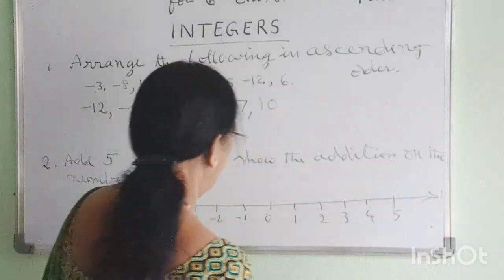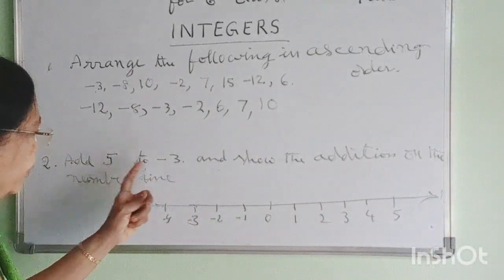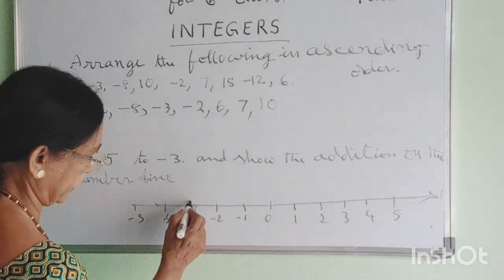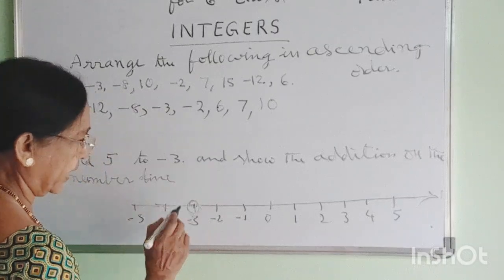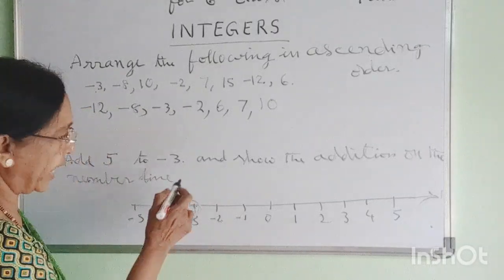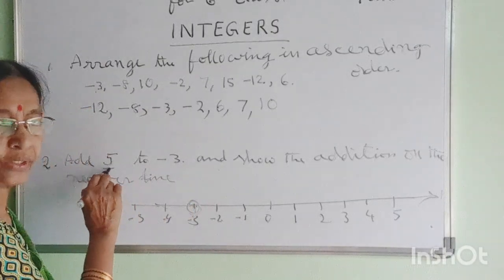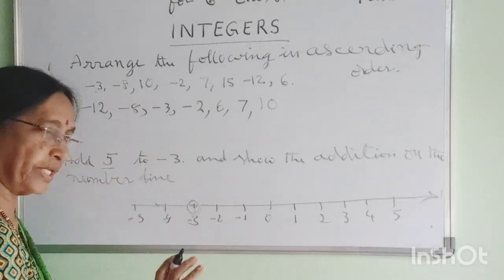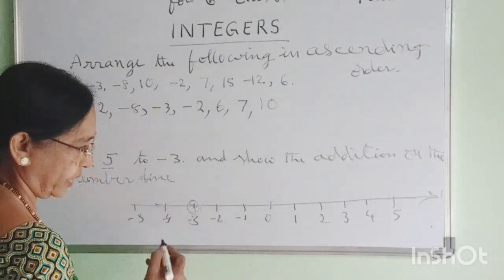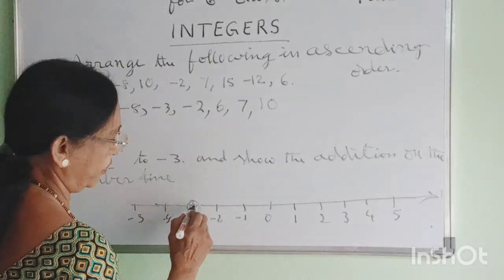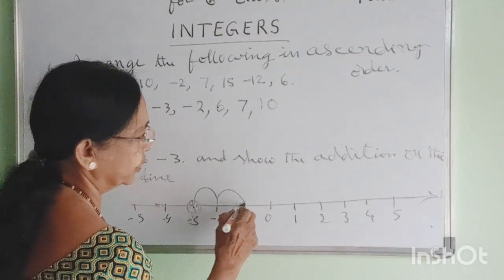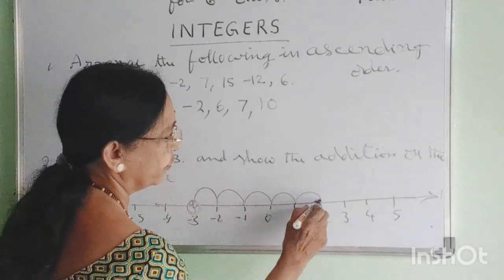So add 5 to minus 3. This is minus 3. If we add a positive number to any integer, it will move to the right hand side. So from minus 3, 1, 2, 3, 4, 5.